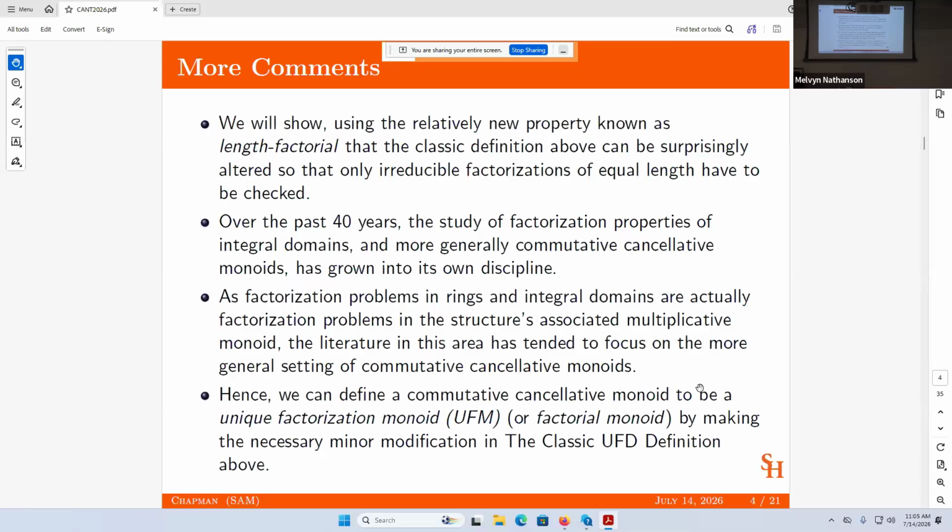Okay. Now, the previous definition was for a UFD. Well, I could rewrite that from a commutative cancellative monoid very easily. So I'll use the term UFM instead of UFD when I'm doing this in a little more generality.